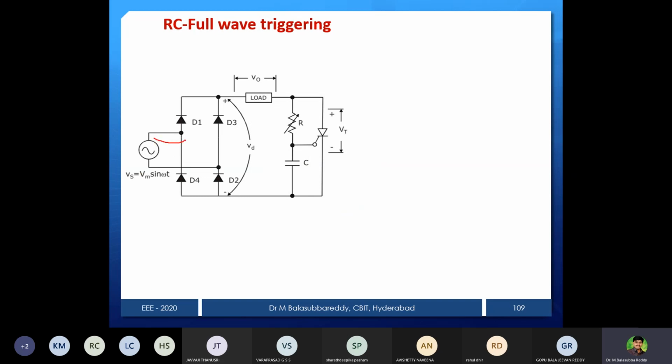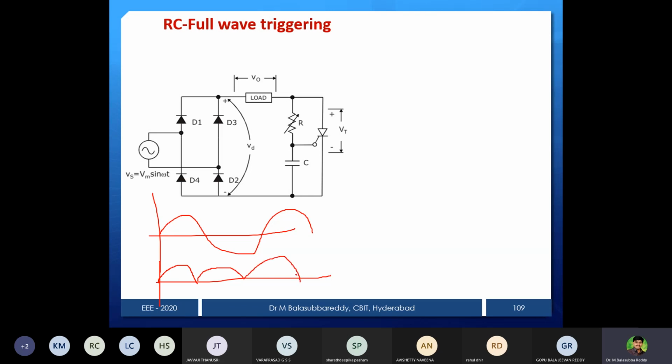During the positive half cycle, current will pass like this. Let it be, I want to measure the voltage across this VD, and it goes through D1 and D2 to the output. During the negative half cycle, this is minus, this is plus. It goes through D3 and again comes back through D4 to the output. So with that we are able to get it. Input is the AC supply as usual, and the positive and negative half cycles we get as positive half cycle, again positive half cycle, and so on.